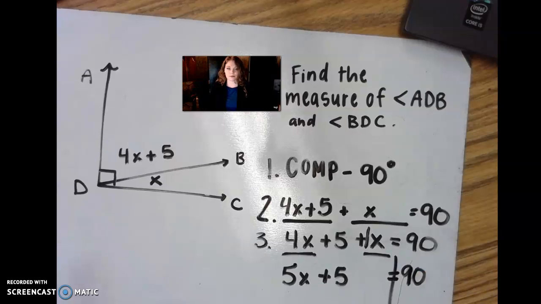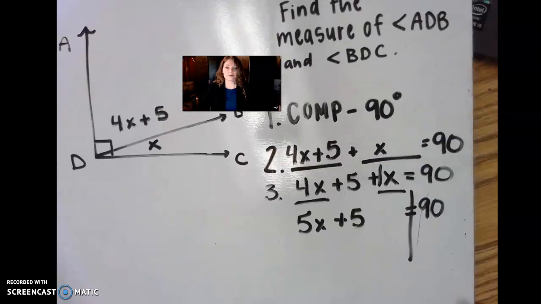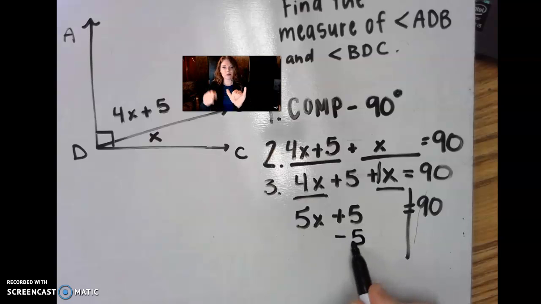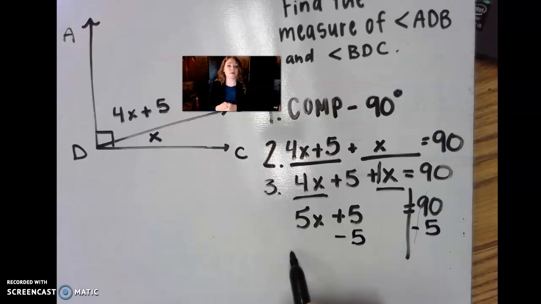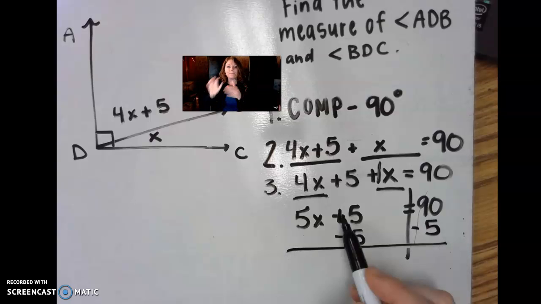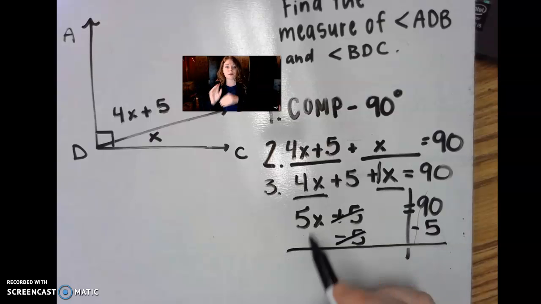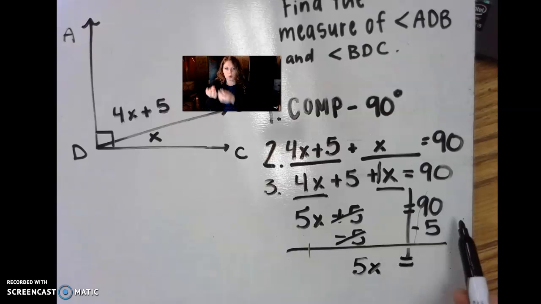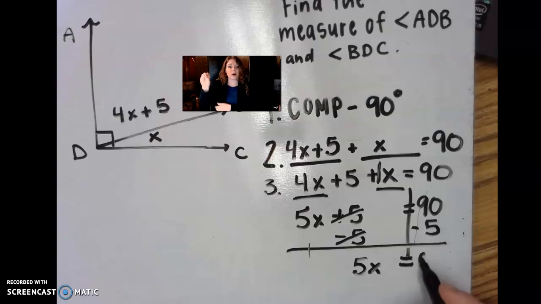From there, we get rid of the thing that's not connected to the variable. This is connected, this is not. We do the opposite. Opposite of adding is subtracting. These will cancel, bring down what I have left, and solve over here. So 90 minus 5 is 85.